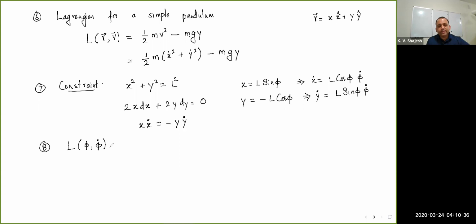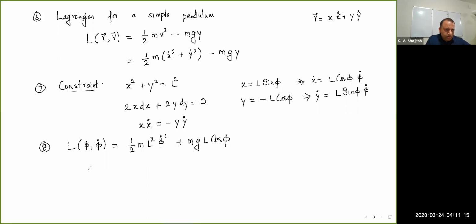The motion happens in terms of phi, or the mass m is completely characterized by angle phi. That's the understanding. And the Lagrangian takes the form half m L squared phi dot squared minus y, which is minus L cosine phi, so it changes sign, so it is plus mg L cosine phi. So everything depends only on phi.